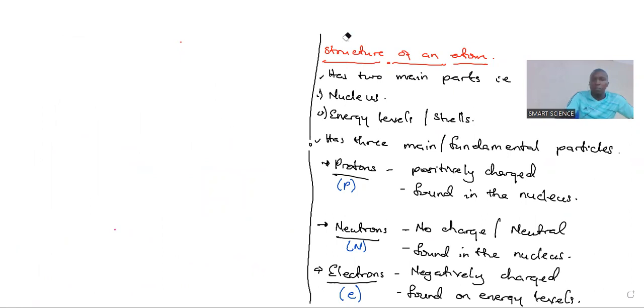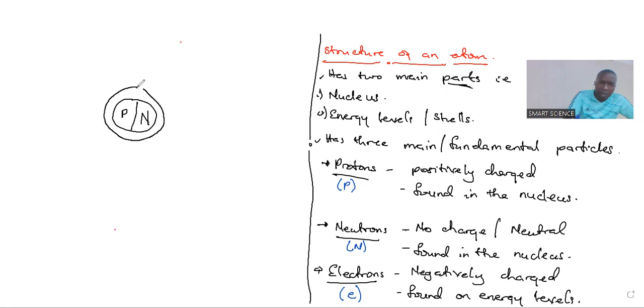So we said the 2 main parts of an atom include a nucleus. We shall begin by drawing a nucleus, which has protons represented by capital P and neutrons represented by capital N.